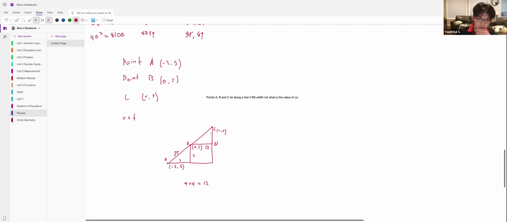So that means that this angle and this angle both have to be the same. Since we know that BC is 4 times AB, since the original question gives us that, this is 4 root 13, right? And we also know that this and this have a ratio of 3 to 2. So we'll label this as 3x, and we'll label this as 2x.